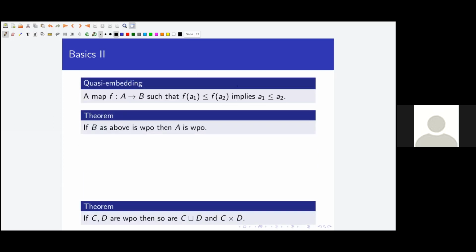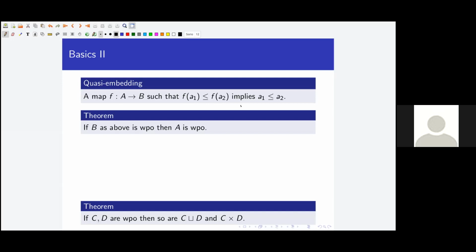Here's some more basics. There's a notion of something like an embedding between two orders called a quasi-embedding. But whereas with an embedding, normally you would expect A to be less than B if and only if the image of A is less than the image of B, here it's only going in one direction.